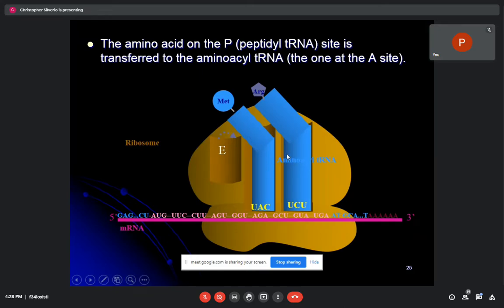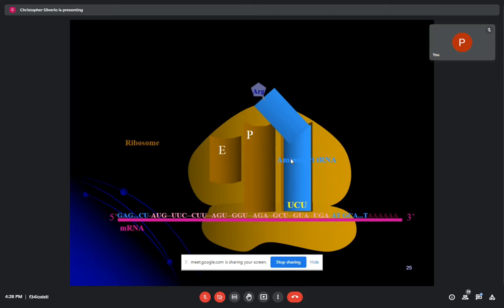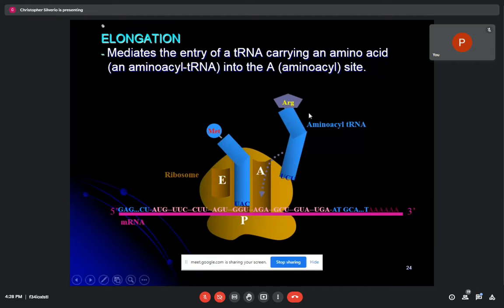And so, now, what will happen to this arginine? It will now bind into the A site.